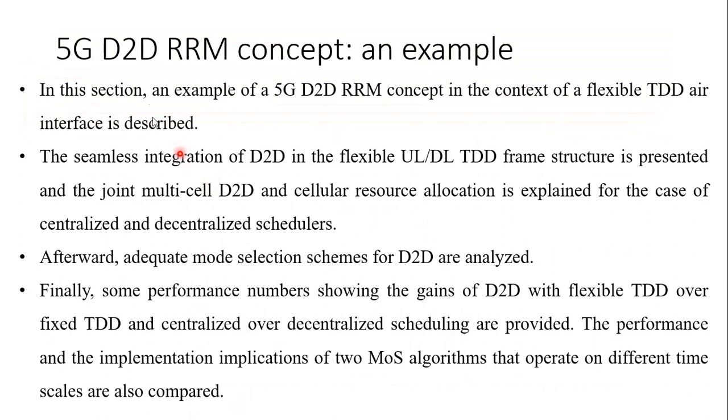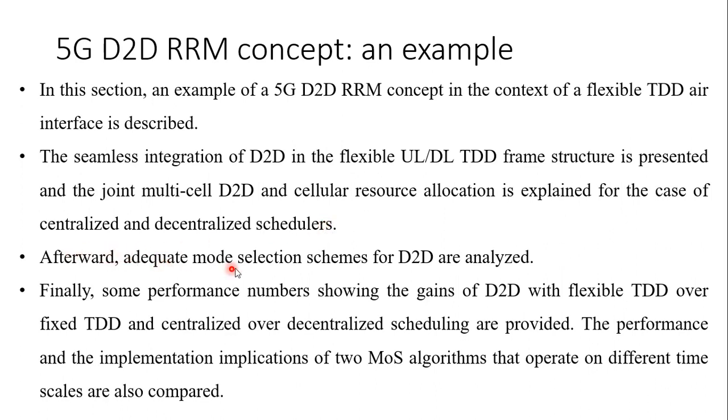Okay. Next, the 5G D2D RRM concept, for which we'll be providing an example. In this section, an example of the 5G D2D RRM concept in the context of flexible TDD, that is time division duplexing, air interfaces is described. The seamless integration of D2D in the flexible uplink or downlink TDD frame structure is presented, and the joint multi-cell D2D and cellular resource allocation is explained for the case of centralized and decentralized schedulers.